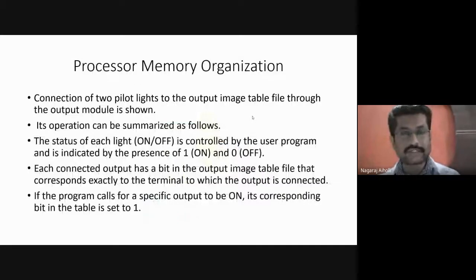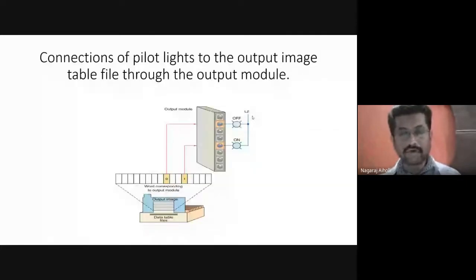Its operation is summarized as follows. The status of each light, on or off, is controlled by the user program. The user program controls the on and off of these indicator lights, the pilot lights or the LEDs.